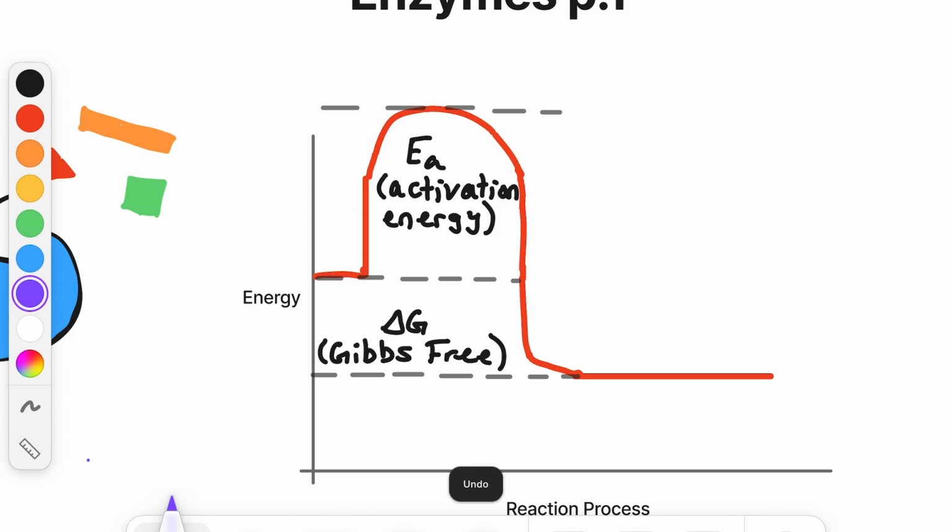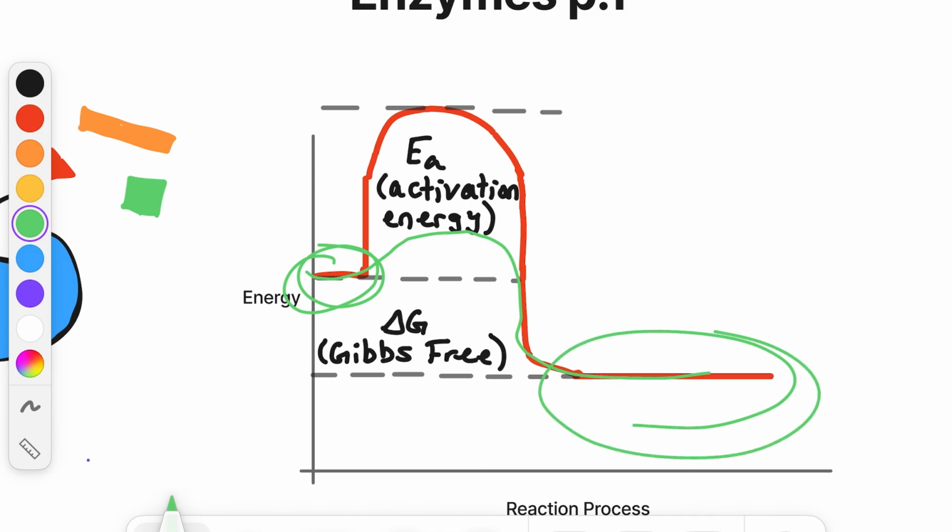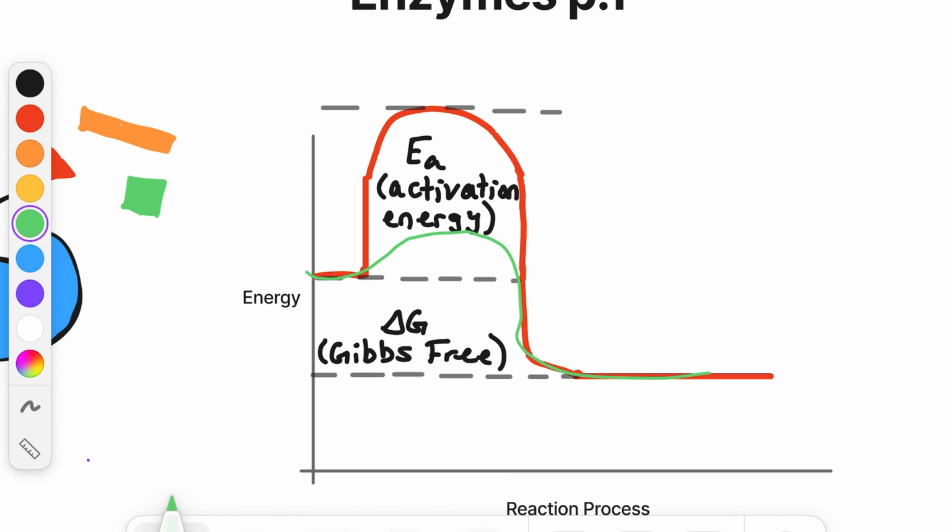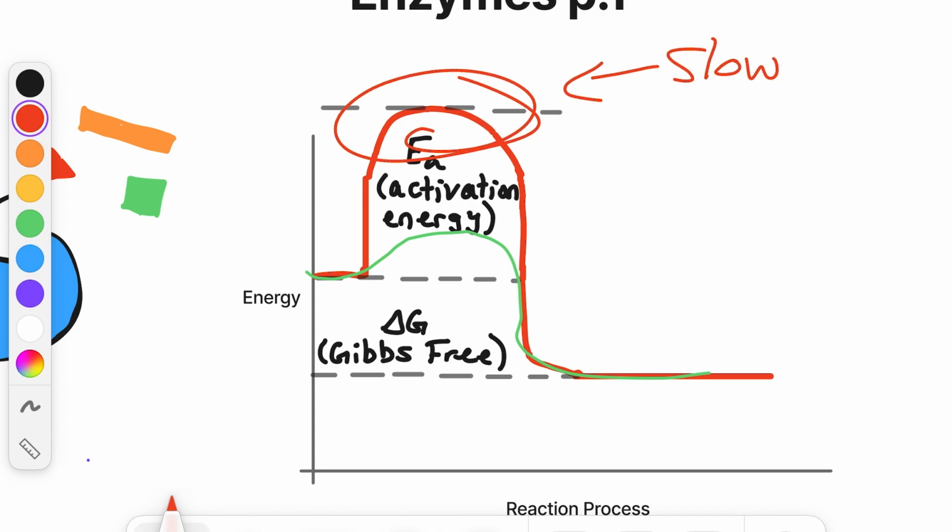So what an enzyme does, an enzyme comes in and it lowers the activation energy. Notice how it didn't change the starting position or the ending position. Like I said, the equilibrium doesn't change. So it's only affecting the speed. The activation energy is the speed. So the higher the activation energy, the slower it is.